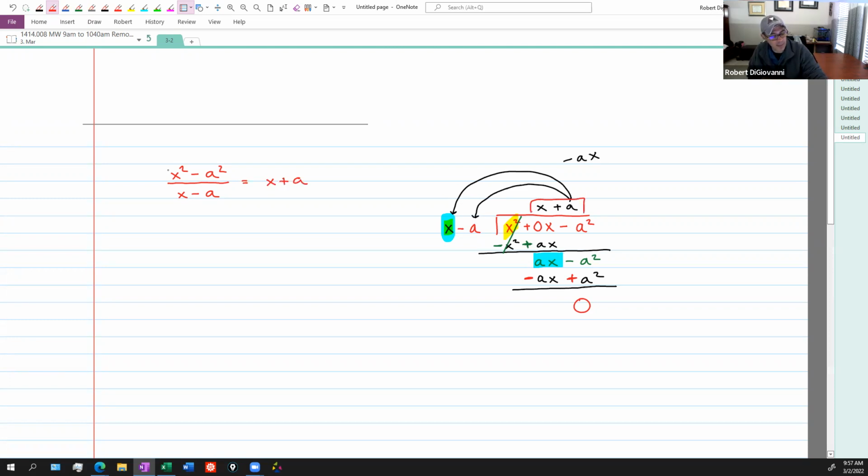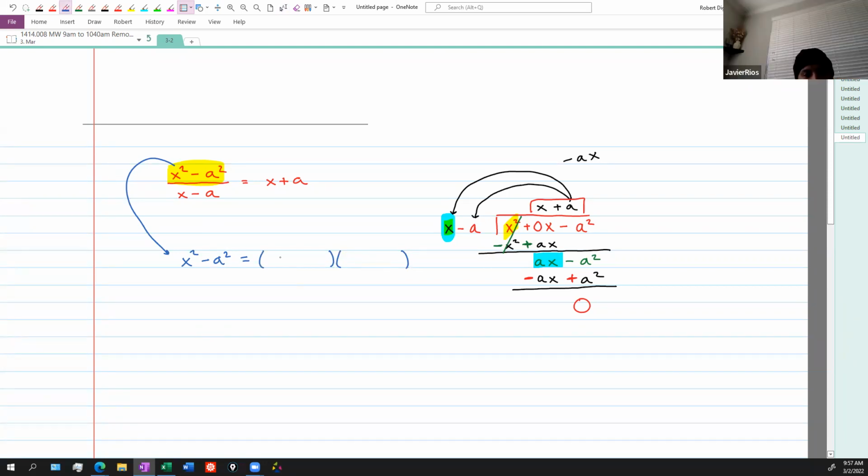But what that really means is that if you took this numerator, x squared minus a squared, you could rewrite it. Because our remainder was zero, we could rewrite the top as what times what? x minus a and x plus a.